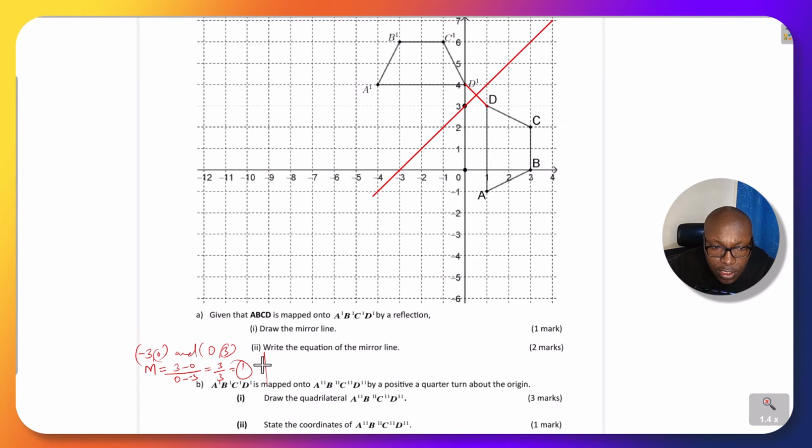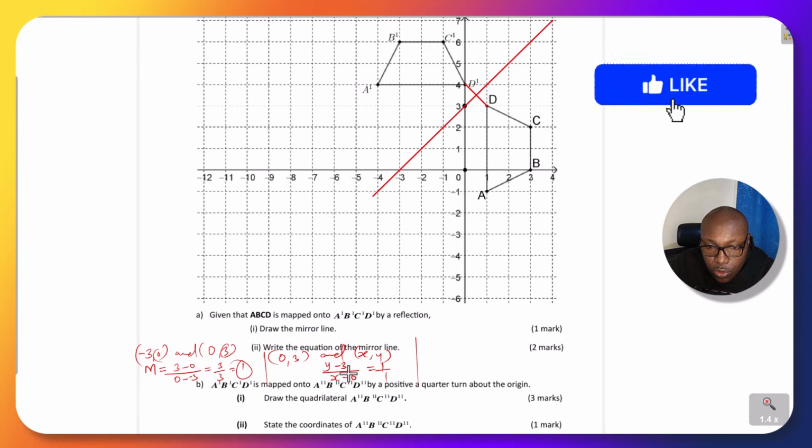Now having the gradient, simply choose one of the points. I will choose 0, 3. And another general point on the straight line, which is x, y. Use these 2 points to calculate the gradient, which you know is 1. So change in y, which is y subtract 3, divided by change in x, x subtract 0, is equal to 1.